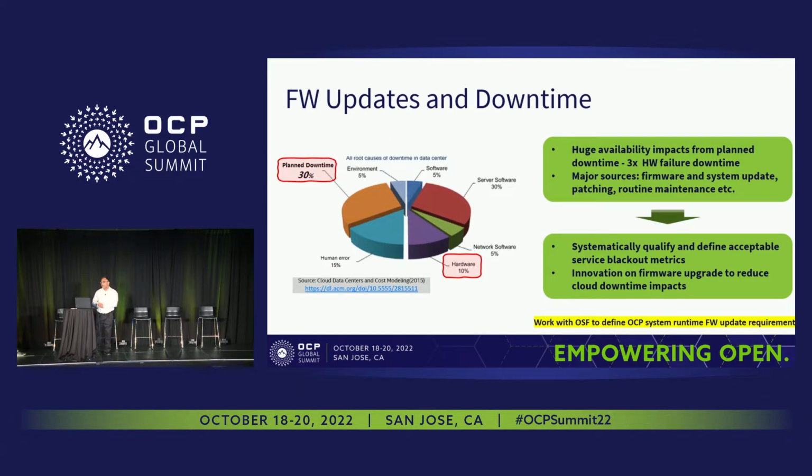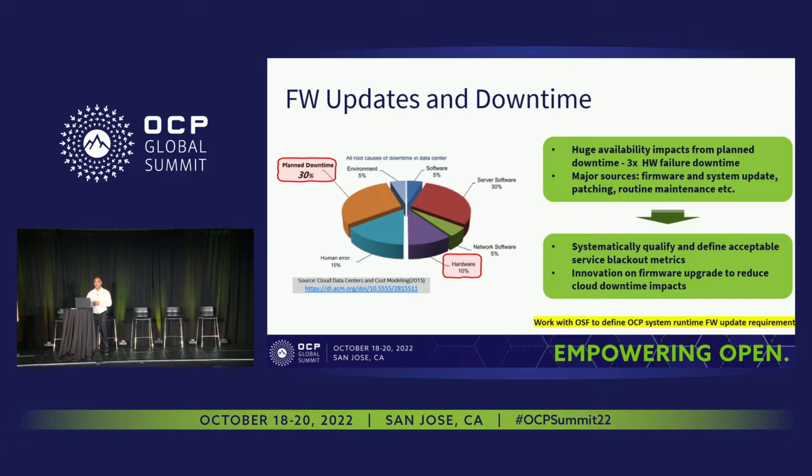Again, if you look at the firmware downtime, it's again an IDC report. On the total, about 10% is hardware related. The remaining 90% is either firmware, OS, and other upgrades that you are doing. Out of the 100%, 30% is firmware related.